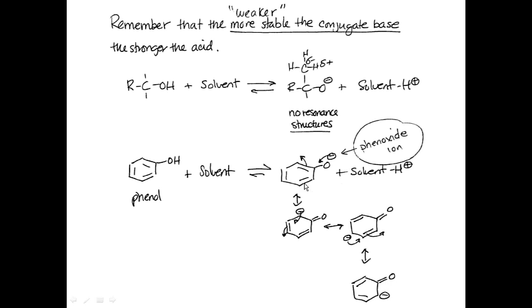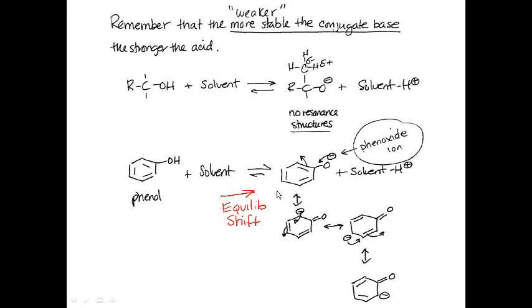So the more resonance structures you can draw for a molecule, you can finish the sentence, the more stable it is. And the more stable the conjugate base is, what happens to the equilibrium? The equilibrium gets pushed towards the more stable species. You end up with more protons being formed, and therefore this is a way to push the acid-base equilibrium to the right without using Le Chatelier's principle.